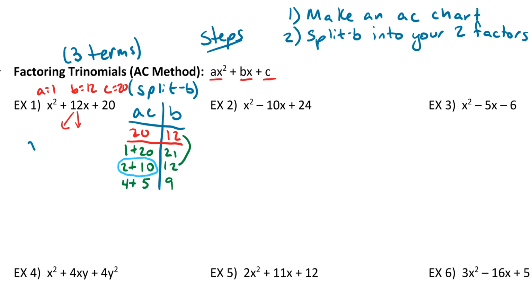The x squared is just going to come straight down, and the 12x will become 2x and 10x. And the 20 also just came straight down. Now, the reason that we do this is it is now 4 terms. If it's 4 terms, then we know how to factor that already. That's grouping. So step 3, factor by grouping.